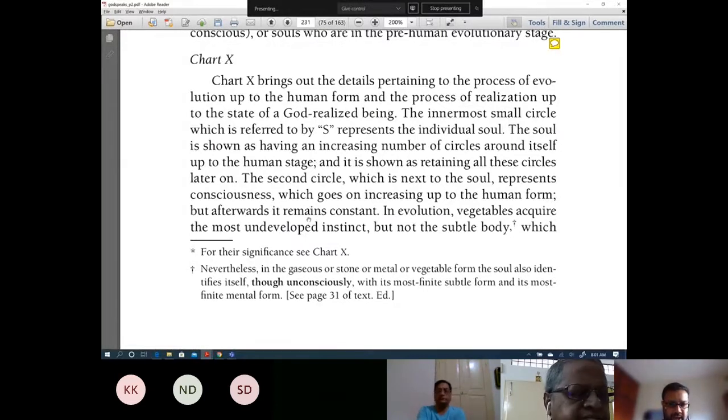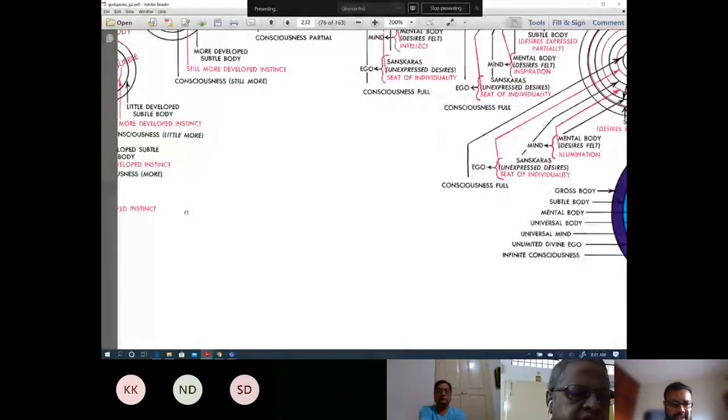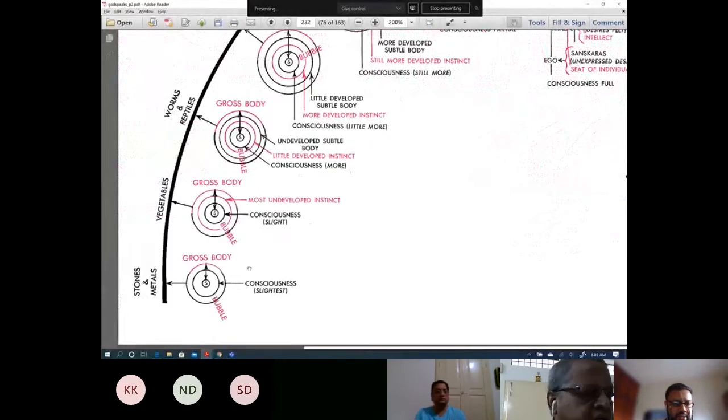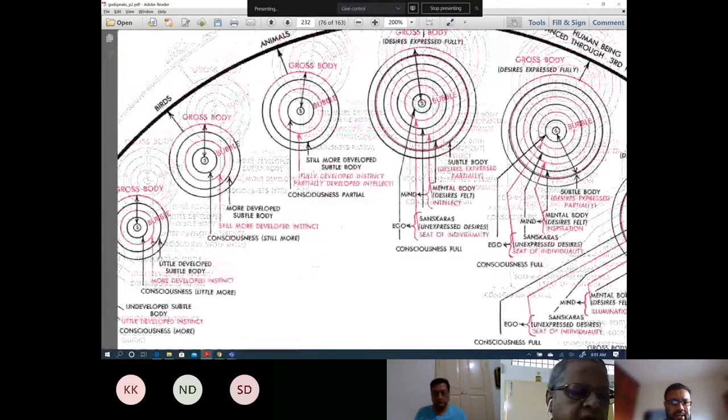So, I'll pause here and show you the chart. And then we'll come back and spend more time discussing the chart like we did yesterday. But I wanted to start by just showing you the chart. So, here are the concentric circles referred to, which go on increasing.